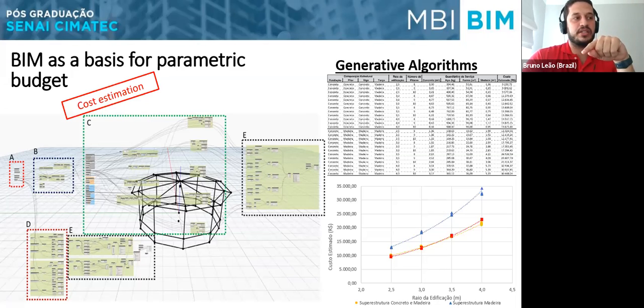because the generative algorithms allowed me to make this model much quicker. So I used it to have more information at an early stage.